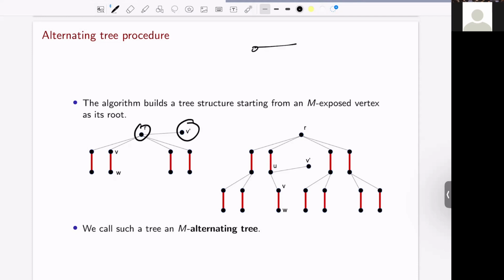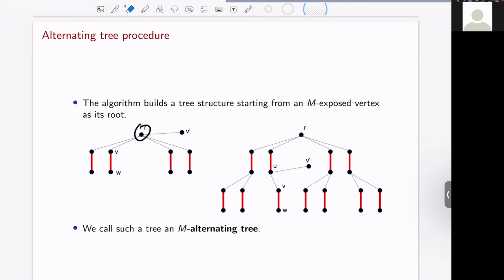If you have 2 vertices that are both exposed, you can always add a matching edge here. This is the simplest augmenting path, by the way. So if you have an exposed neighbor of the initial exposed vertex, then you are done. You found an augmenting path.